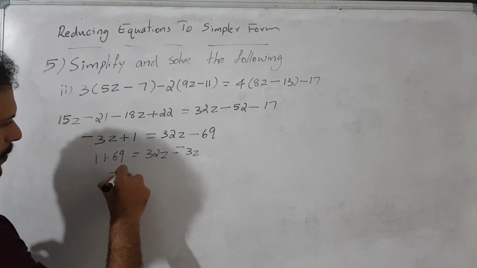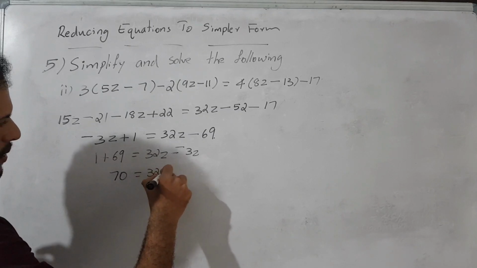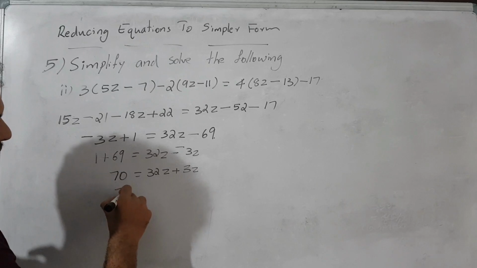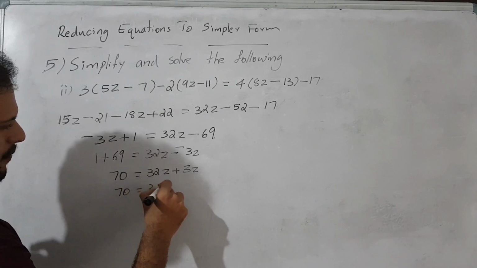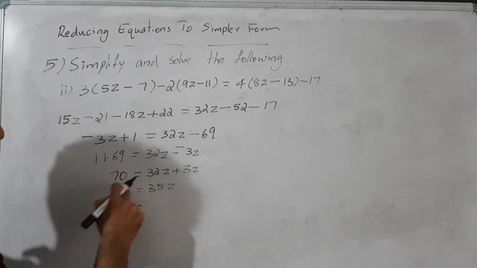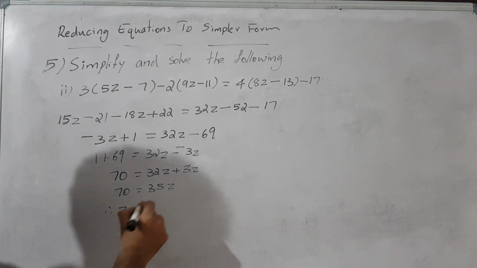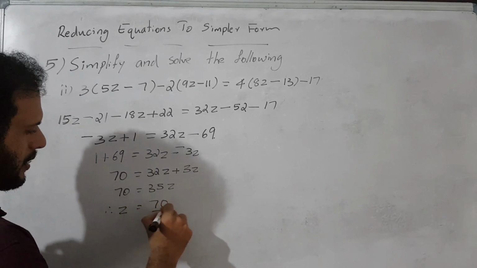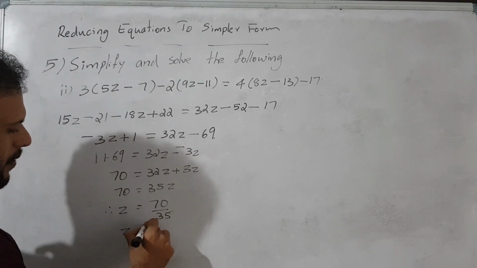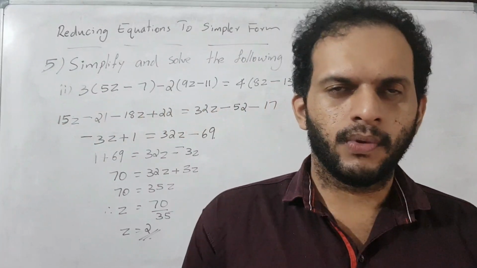Then 70 is equal to 32z plus 3z, then 70 is equal to 35z. Therefore, z is equal to, we transpose the 35 to the side of 70. What changes? 70 divided by 35. What is the answer of 70 divided by 35? That one is 2. So the value of z is equal to 2.